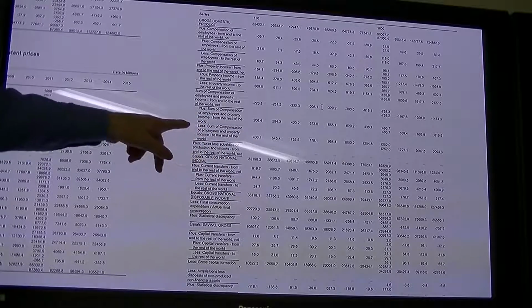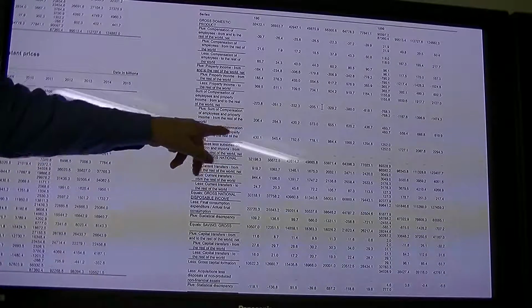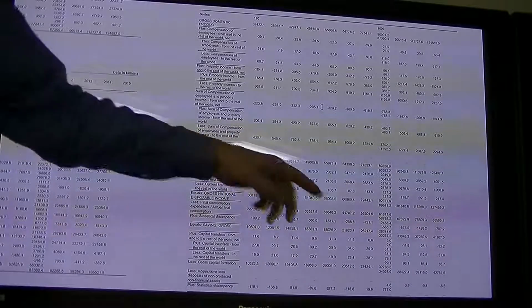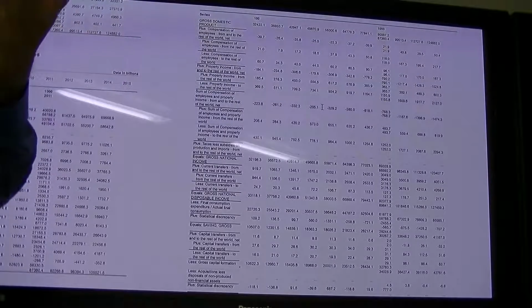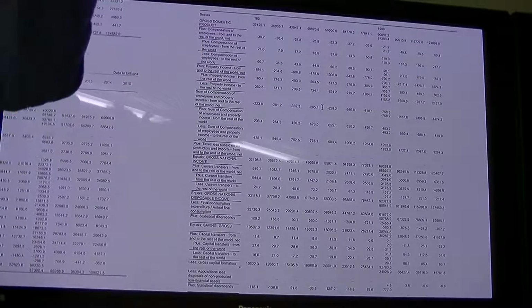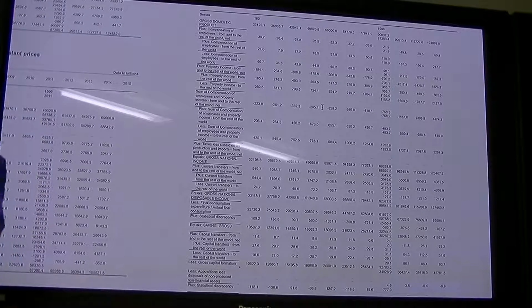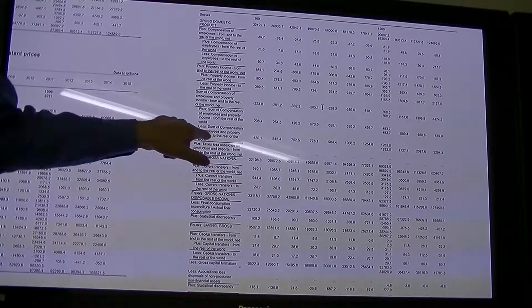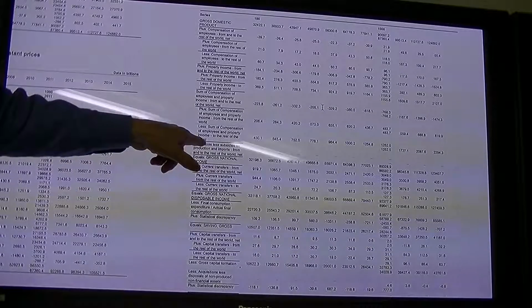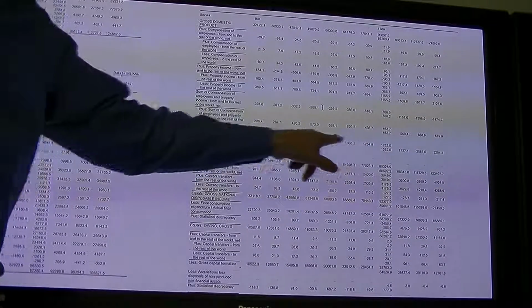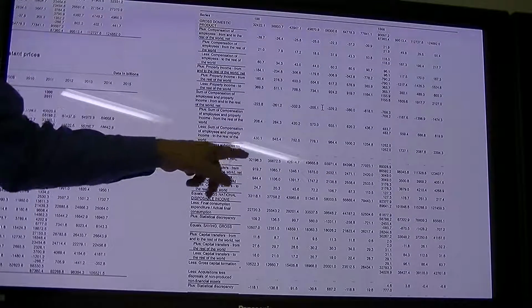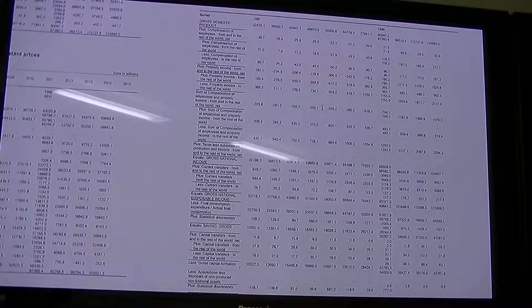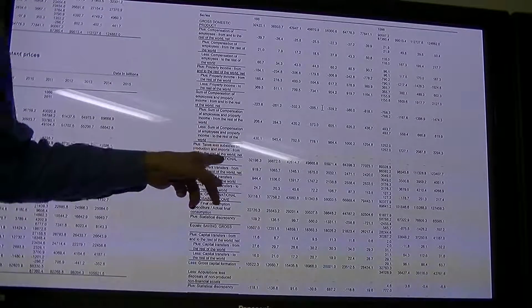For example, if a lot of this is property income, that means if foreigners are investing in the country and they're taking profits out of the country, in the form of income, that's going to show up on this line. And so you could have a situation like in Greece where there's a big increase in property income.